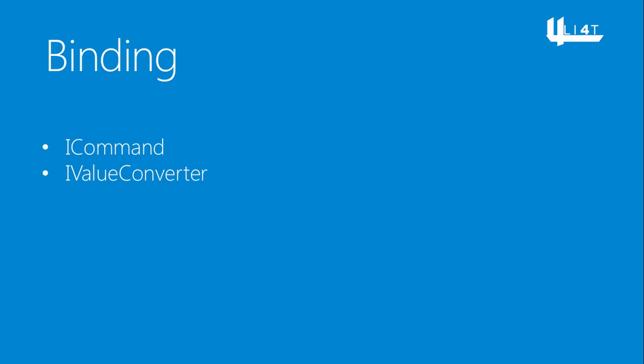The other interface that we are going to be talking about is the IValueConverter interface. The IValueConverter interface is going to be very helpful if you want to convert a certain value to a different type. So the most common example that I found is changing female or male to an image. So for example, a person on the view model or on the model would have a property which is sex or gender, and it could be either female or male.